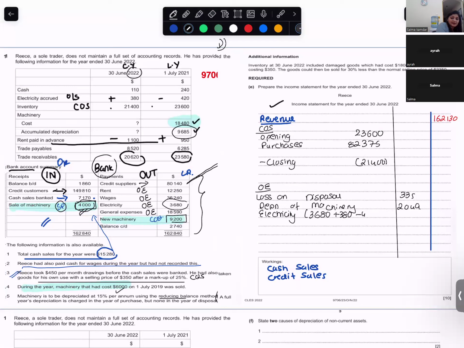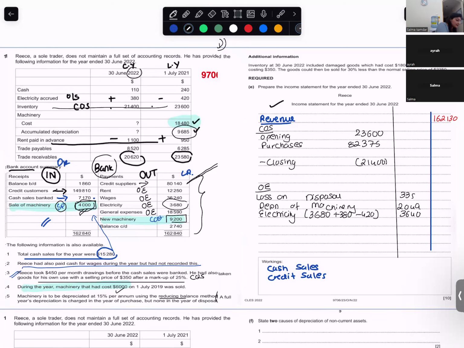Plus 380 minus 420. How much is it coming? Let me check. It is 3640.